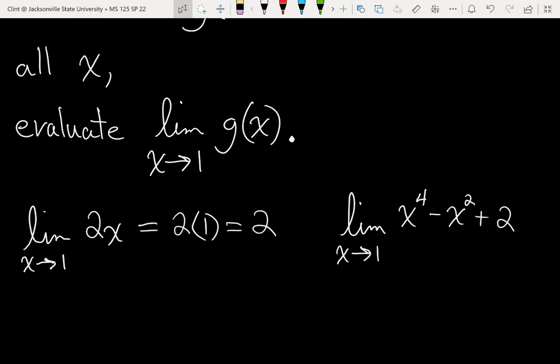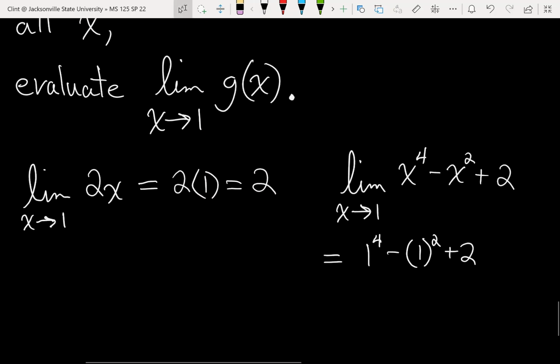If we try direct substitution over here, 1 to the 4th minus 2 times 1 squared plus 2. That's 1 minus 2 plus 2.